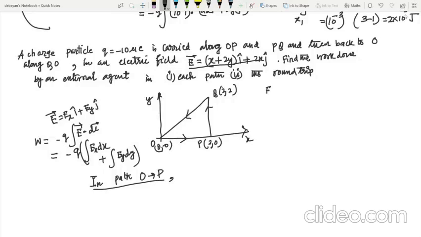From that electric field we find that Ex is x plus 2y, and Ey is equal to 2.